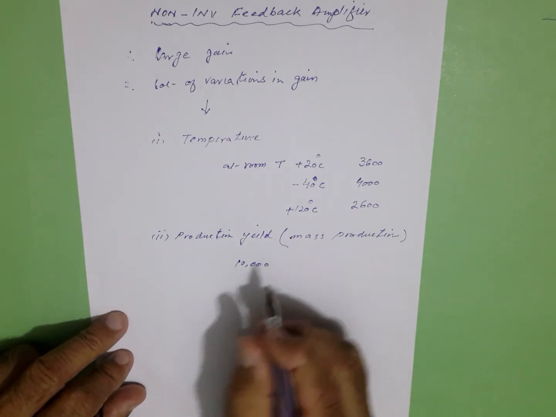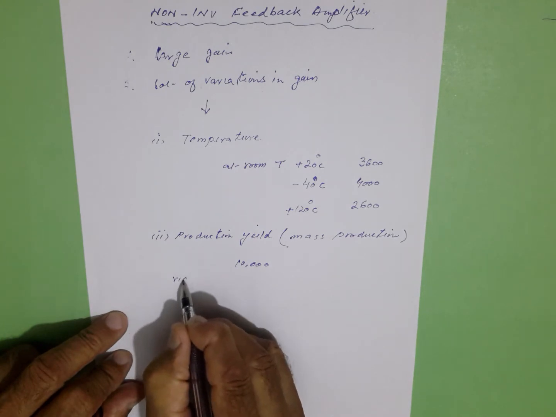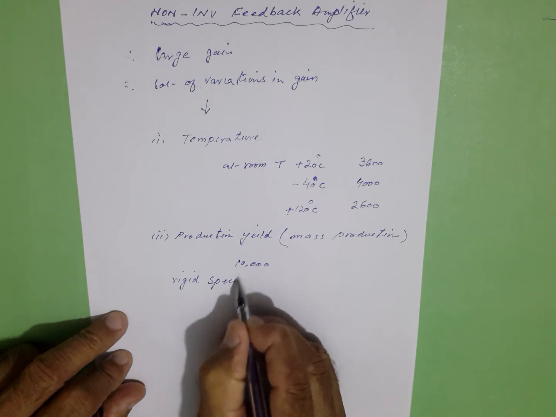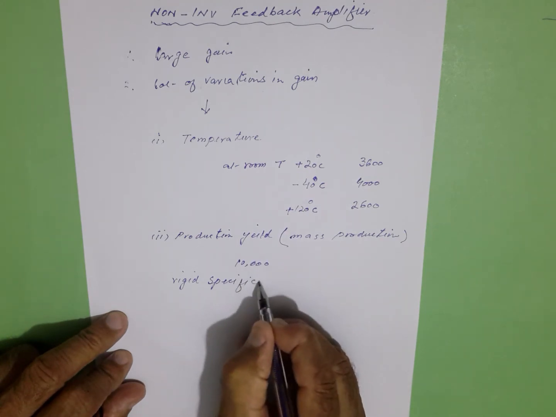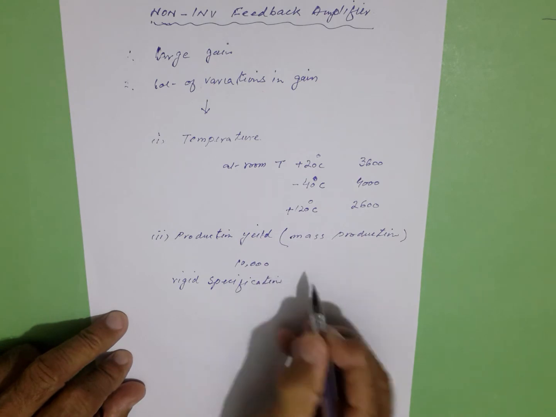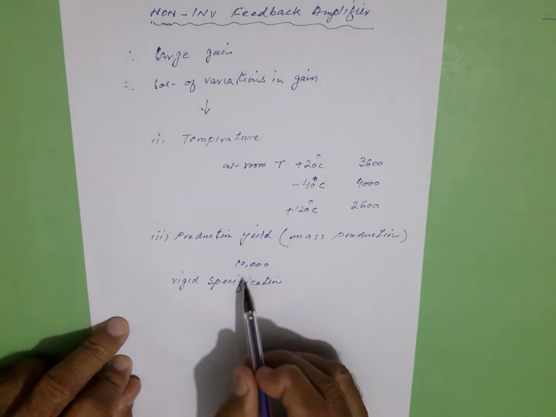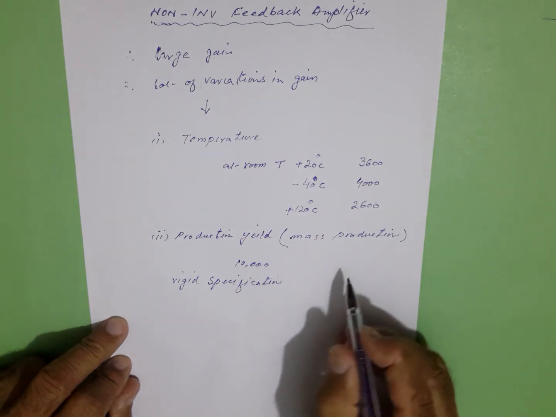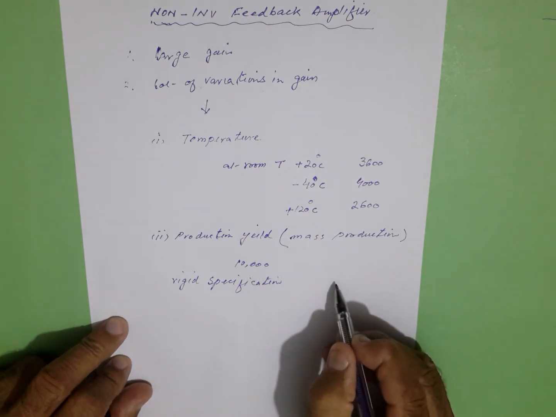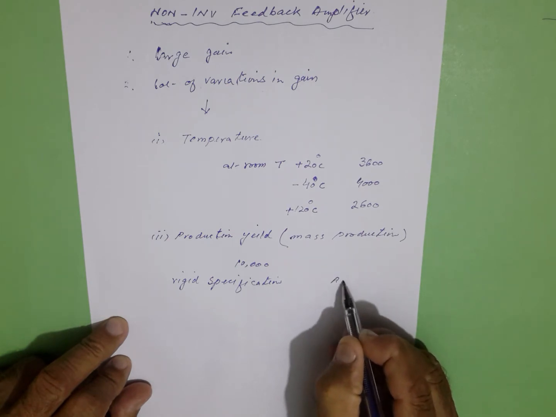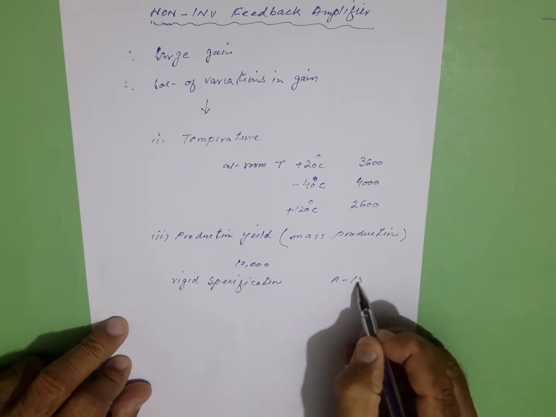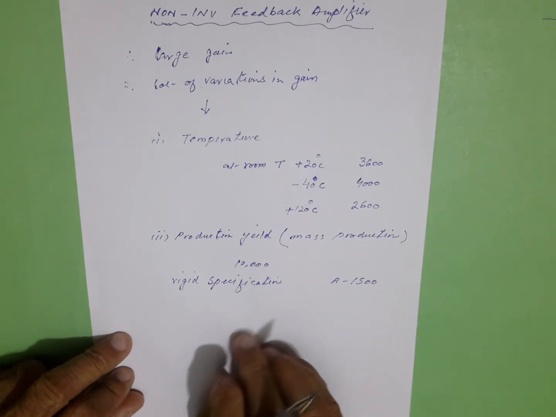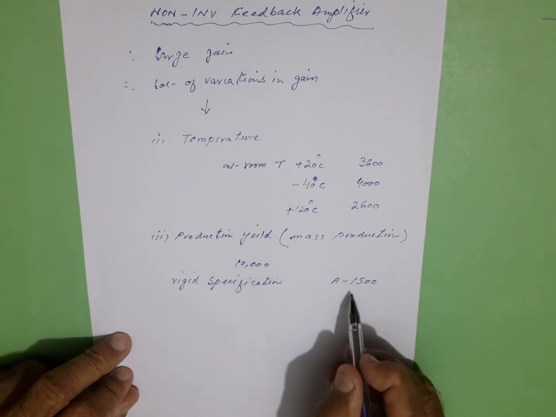And then we cannot be rigid to specification. Meaning if we want to design or produce an amplifier with a gain of 1500, it is unlikely, it is difficult that all 10,000 should have the same gain.